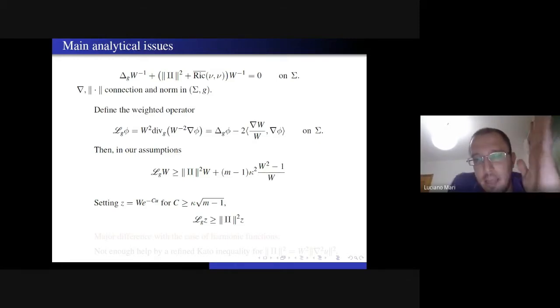But since the R direction is parallel and we are in the product metric, the Ricci curvature in the ambient space is simply the Ricci curvature on M applied to the projection of the normal vector. And if we assume that Ricci is bounded from below, then we precisely get the lower bound given by the expression for LG of w in the third line.